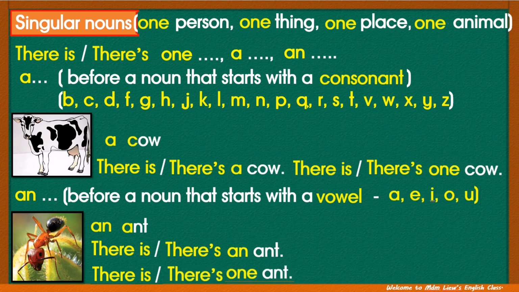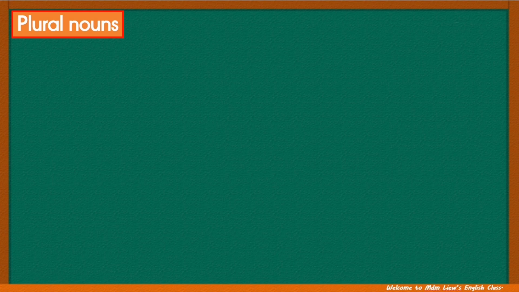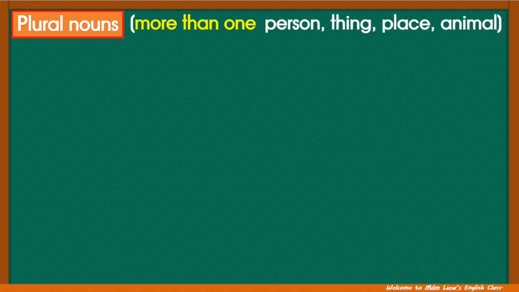Here are some more examples of the singular nouns with the other vowels. An egg, an igloo, an orange, an umbrella. Now, let's look at the plural nouns. A plural noun refers to more than one person, thing, place, or animal.